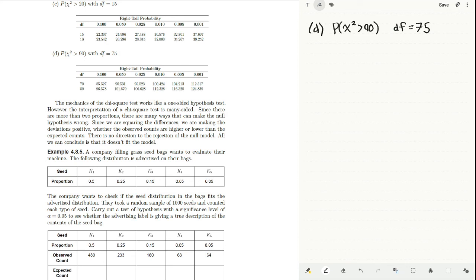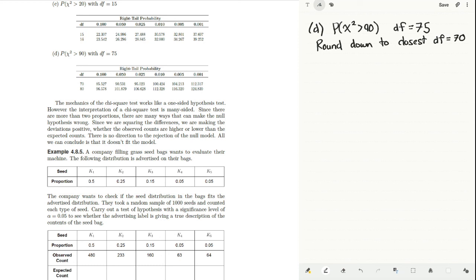The table jumps from 70 to 80 degrees, and so the rule is to round down to the closest degrees of freedom if it's not listed in the table. In this case, the closest degrees of freedom to 75 that is in our table is 70.